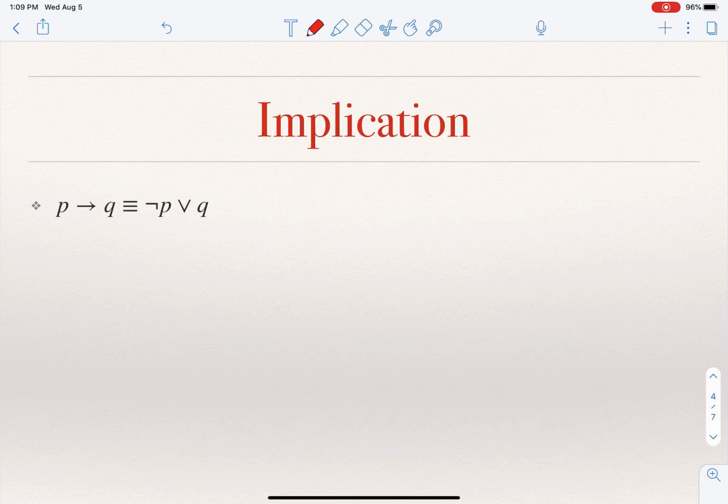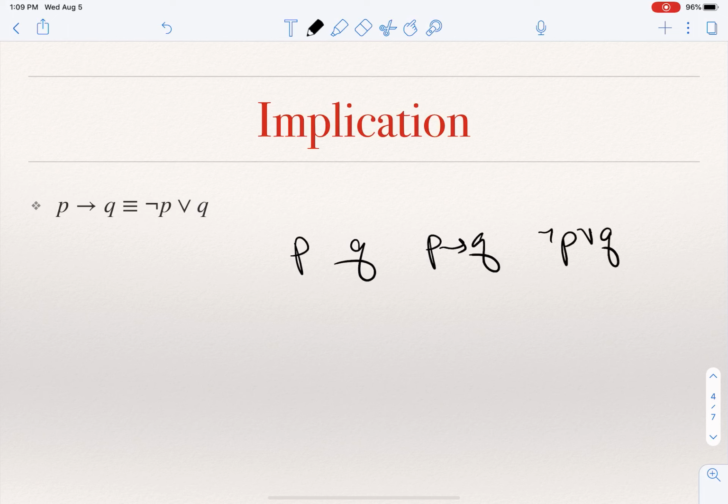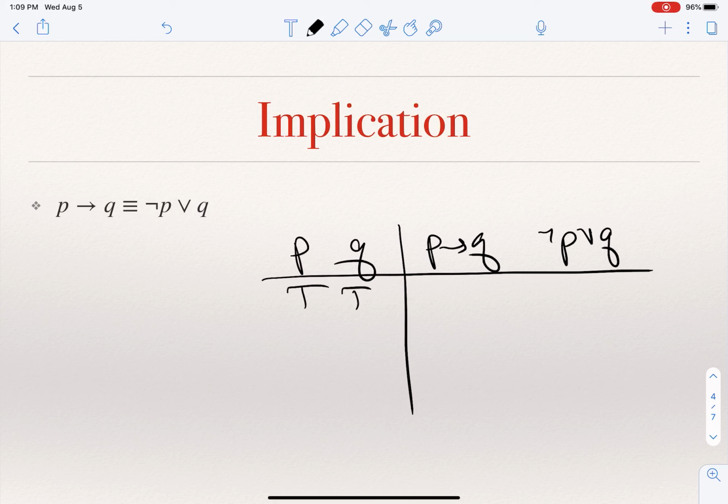Another very important equivalence is this one here: P implies Q is equivalent to not P or Q. If you build again the truth table for P, Q, P implies Q and not P or Q, you will notice that they have the same values in the right two columns.